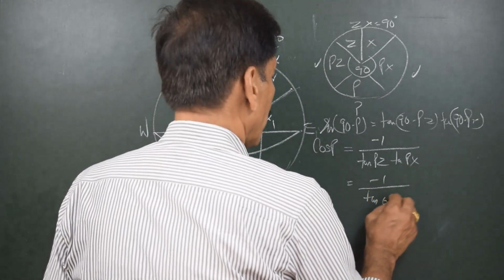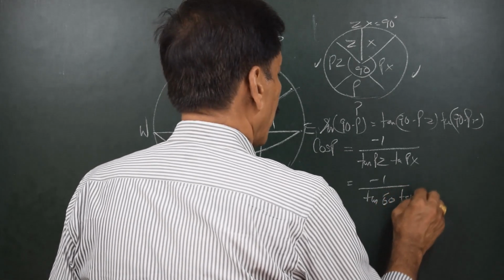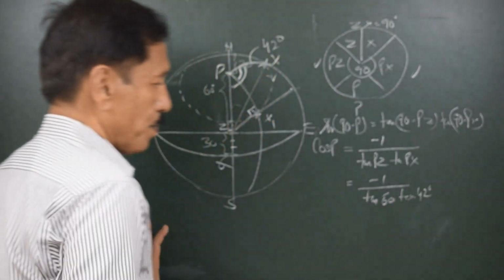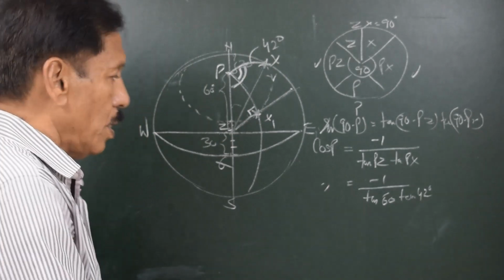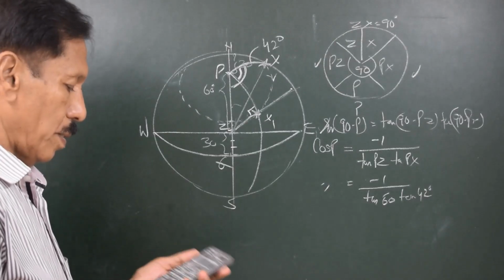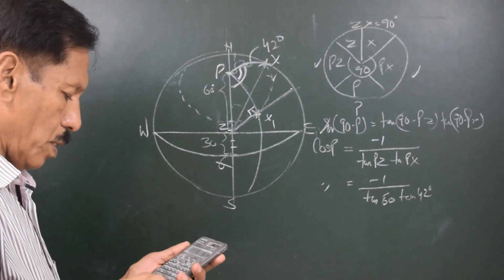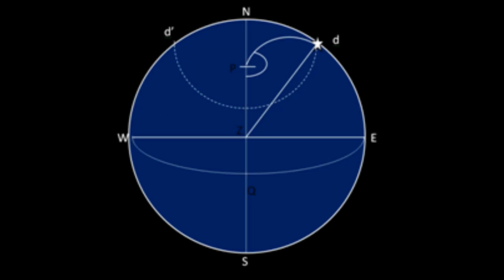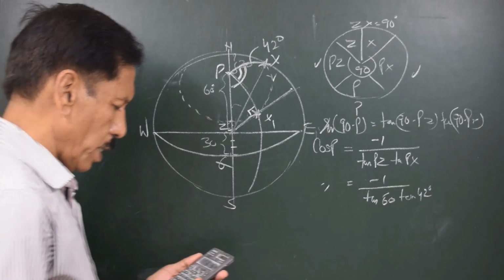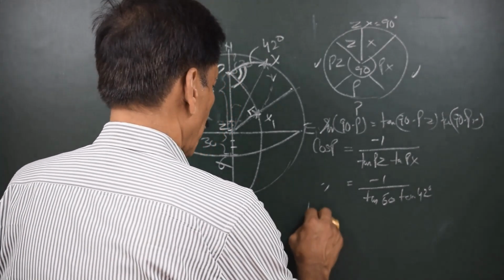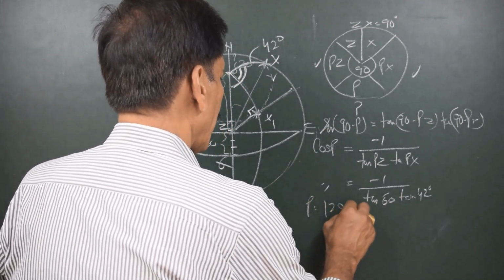tan 60 and tan 42 degrees. Minus 1 divided by the bracket gives me 129.88, so 129.9 degrees. So P is equal to 129.9 degrees.